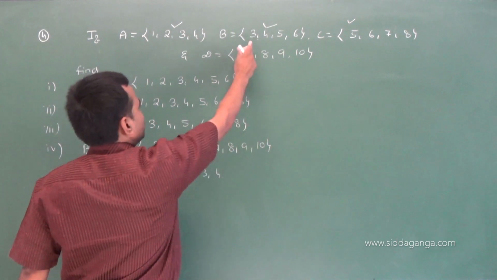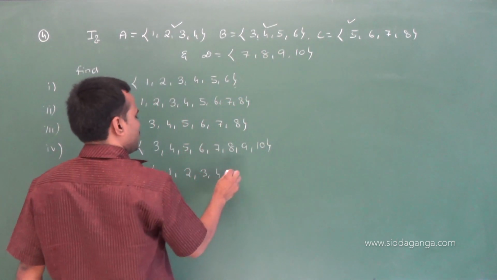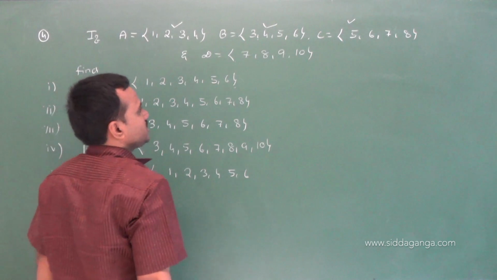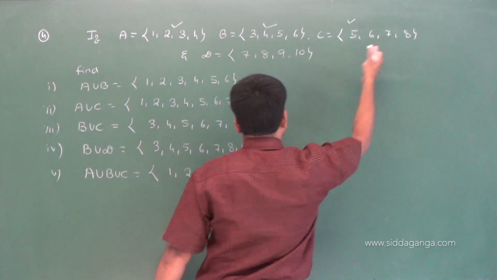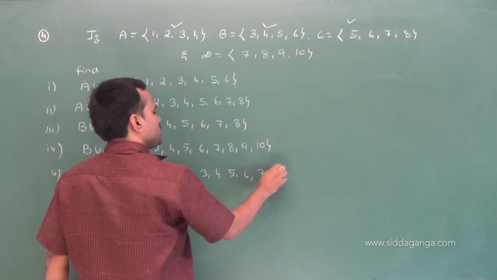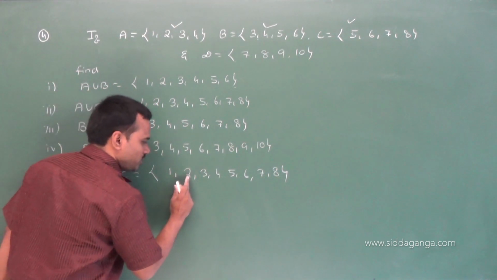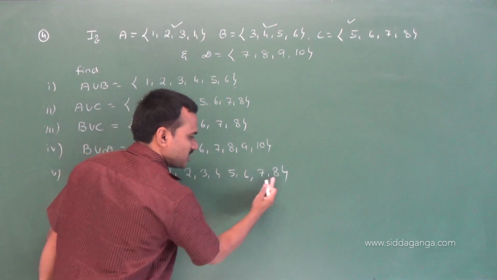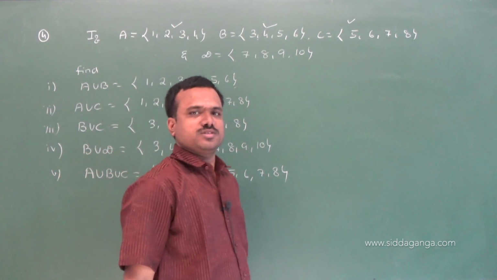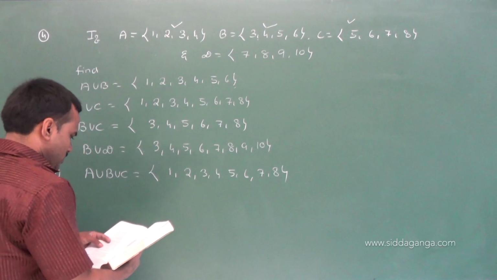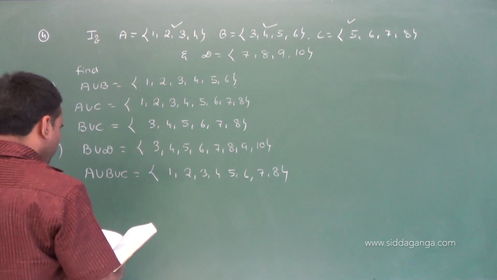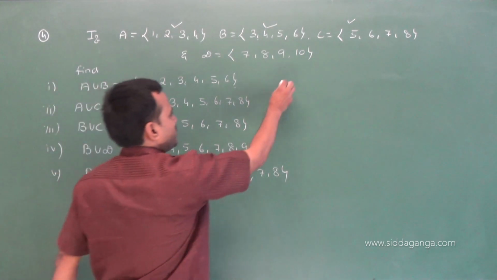B elements 3, 4, 5, 6: 3, 4 we already wrote, so 5, 6. C elements 5, 6, 7, 8: 5, 6 we already wrote, so 7, 8. So A union B union C is {1, 2, 3, 4, 5, 6, 7, 8}. Understand?